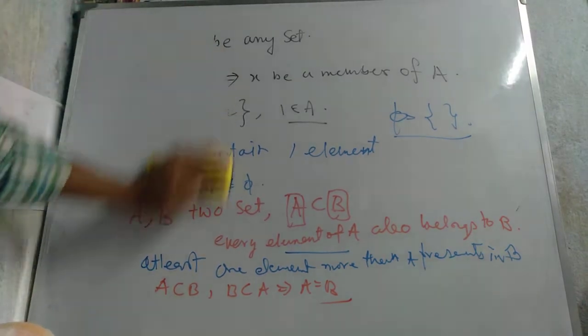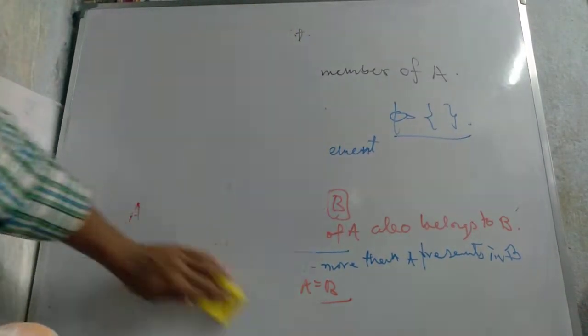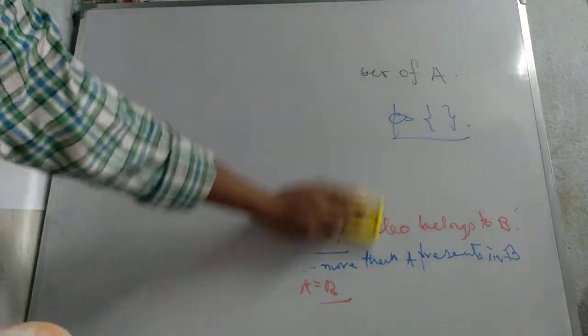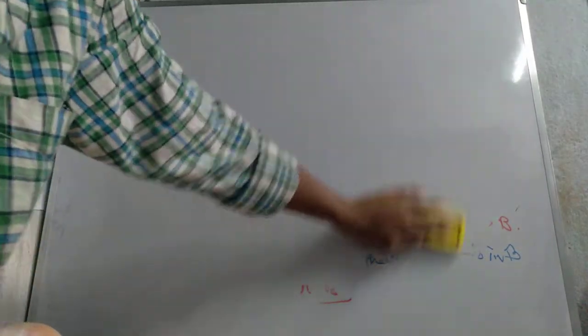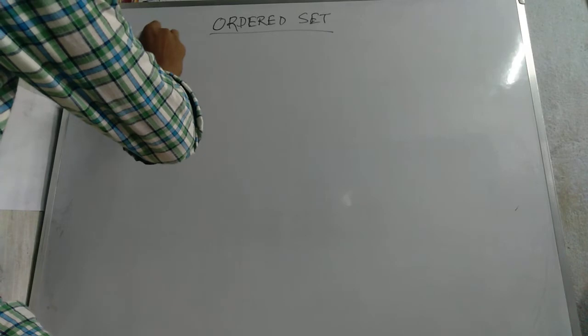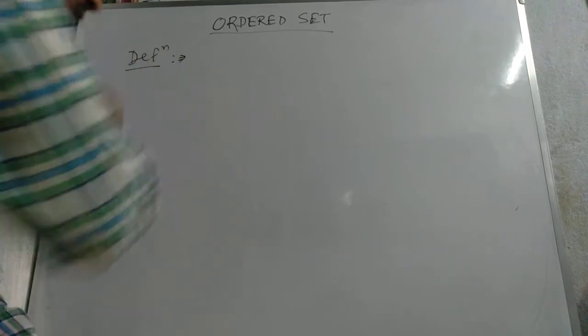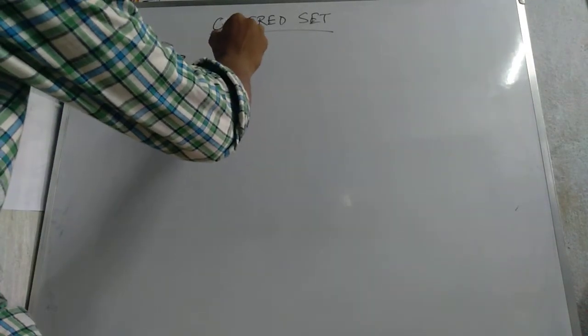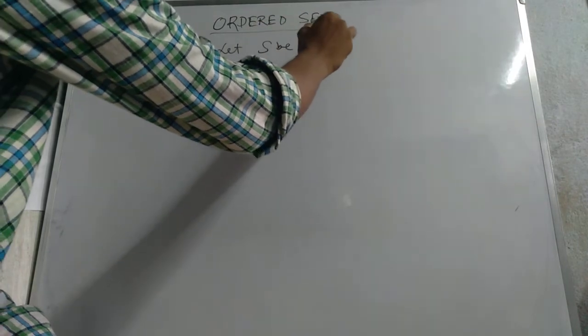Next we're going to ordered sets. We gave some familiar examples, and now we're going to ordered sets. Which set is called an ordered set? Now we're going to the definition of this. Let S be a set.